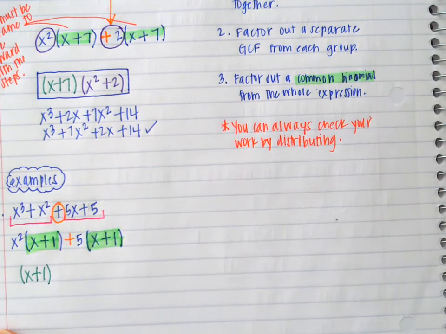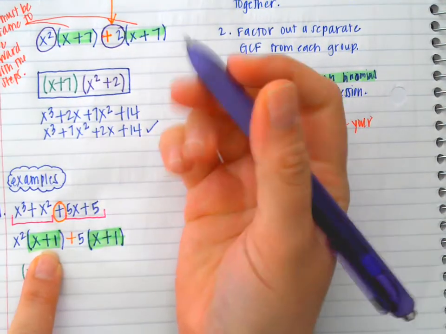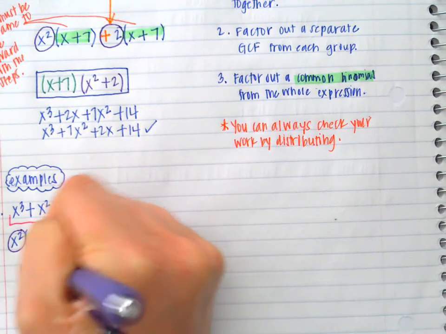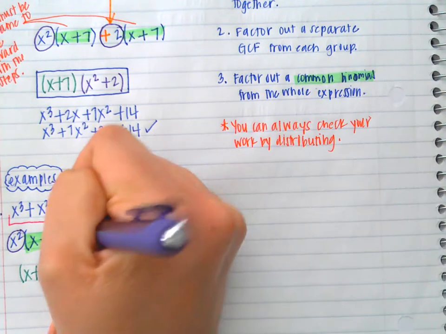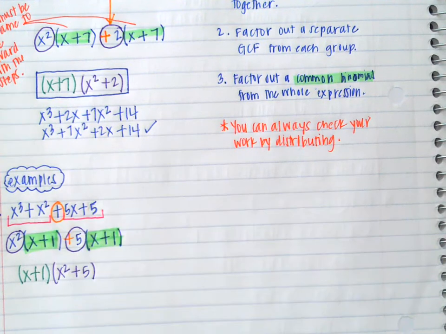And then we write what's left. From x squared times x plus 1, what's left is this x squared. And what's left from 5 times x plus 1 is this plus 5.